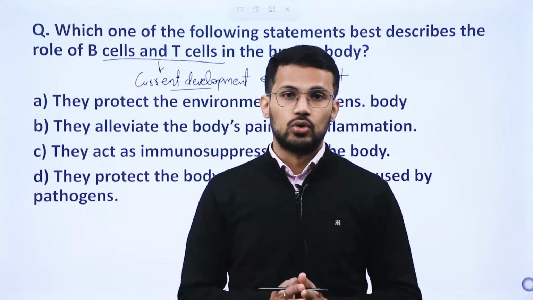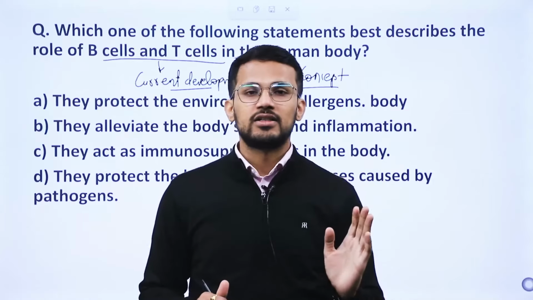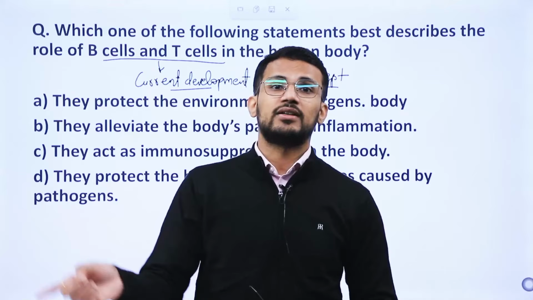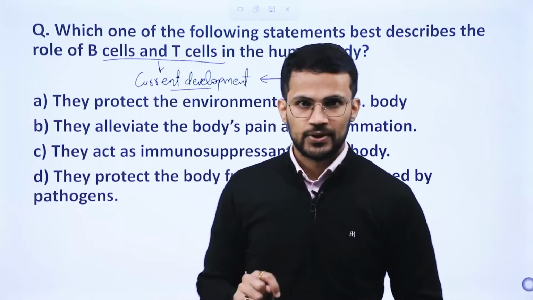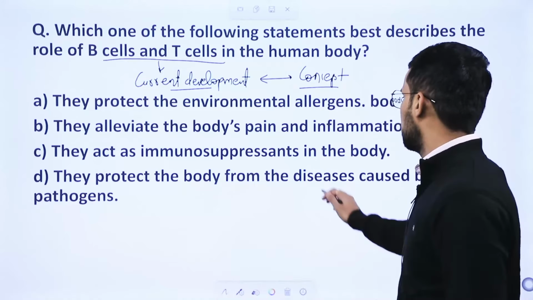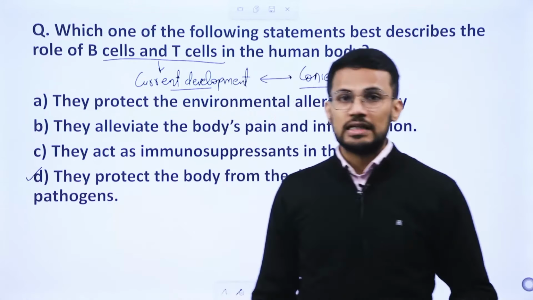So that is the role of these two cells. B cells take care of the antigen itself, T cells on the other hand take care of cells infected by antigen. Fine. So the correct answer of this question is that they protect the body from diseases caused by pathogens. The correct answer is D, right?